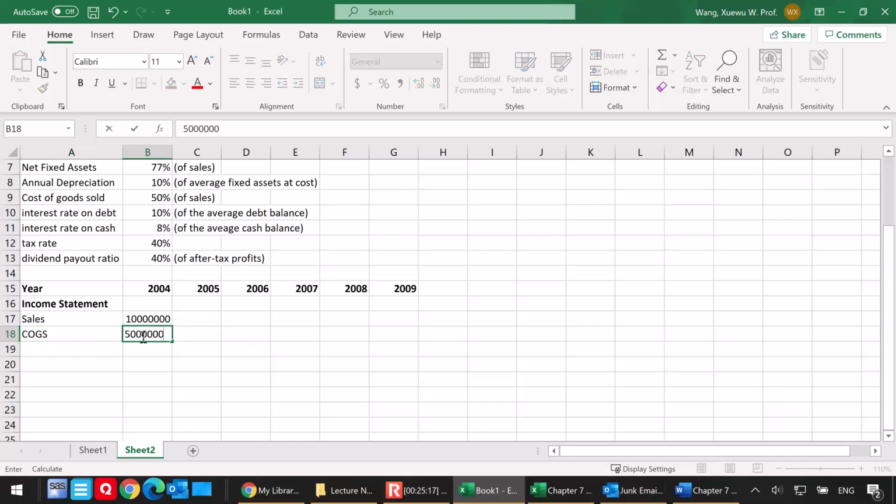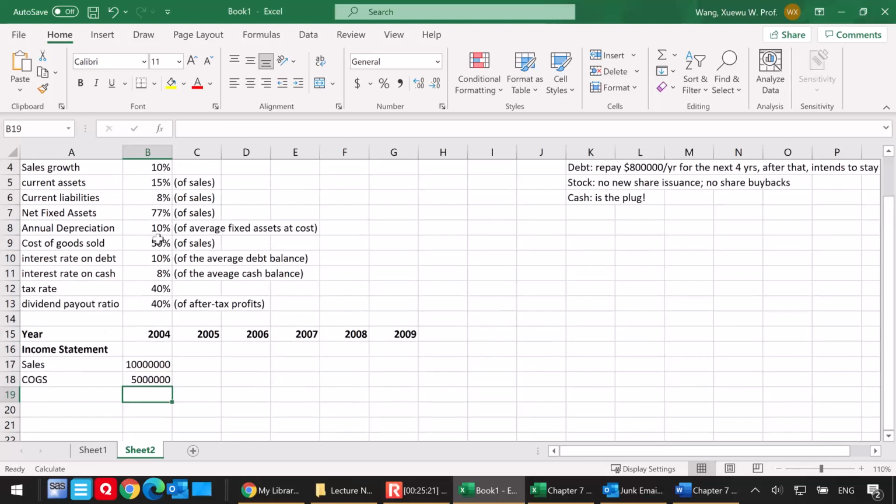Therefore, can you justify this assumption that the cost of goods sold is actually 50% of sales? Well, 5 million divided by 10 million, that's 50%. Maybe this is where this 50% number is coming from, okay?